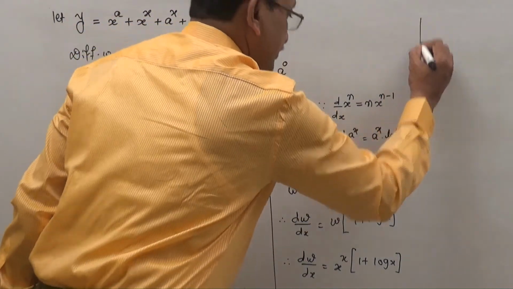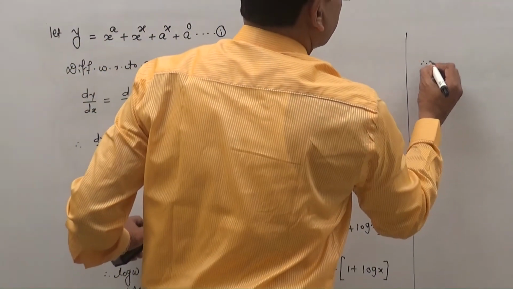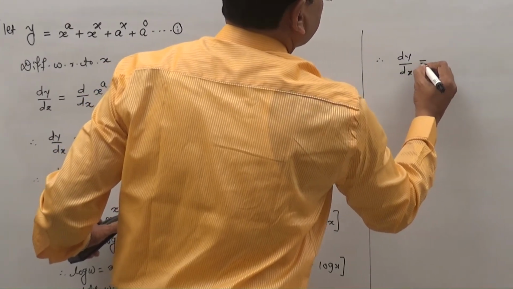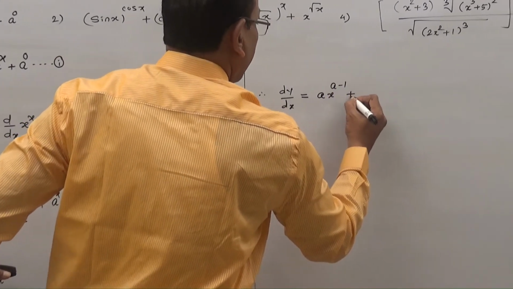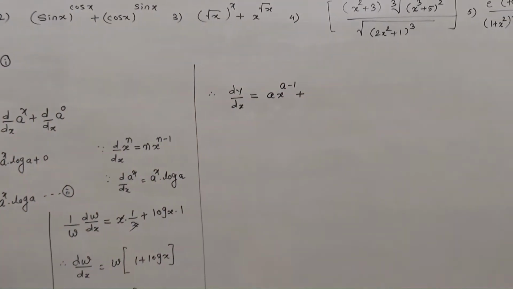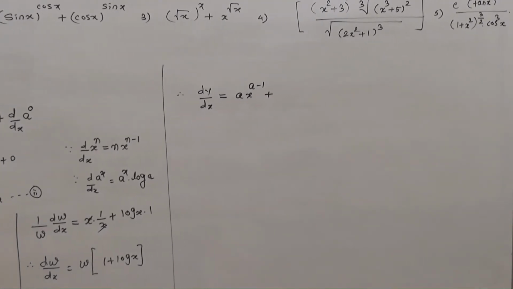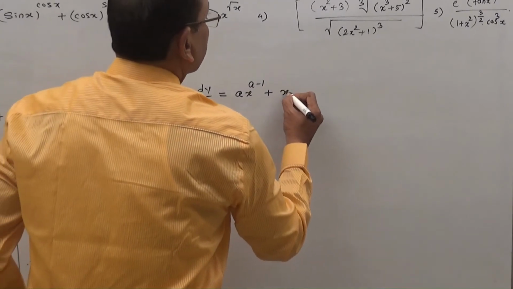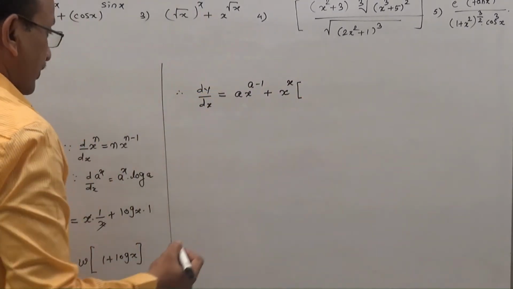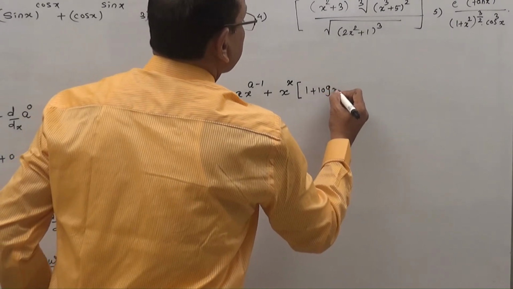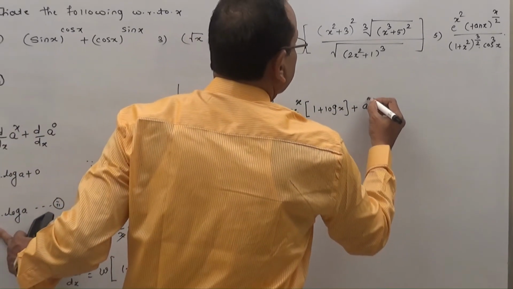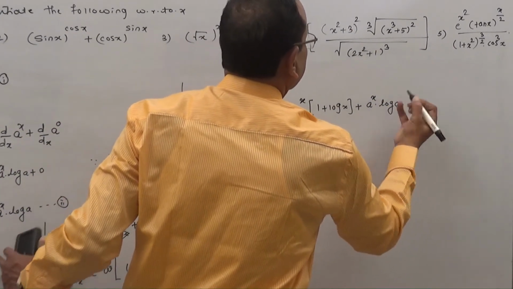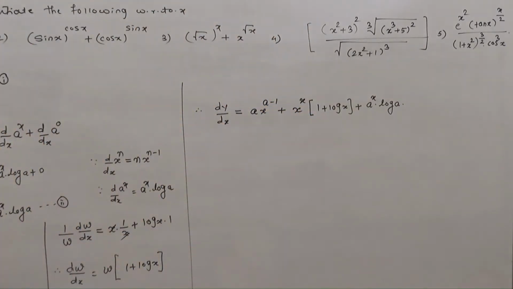So dy by dx is equal to a x raised to power a minus 1 plus x raised to power x into bracket 1 plus log x plus a raised to power x into log of a, which is the required value of this function. So now consider second example.